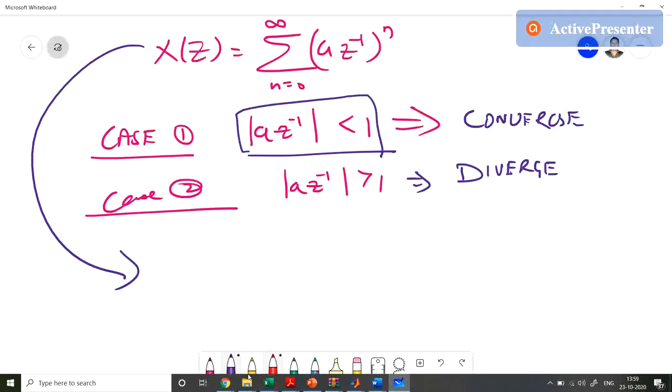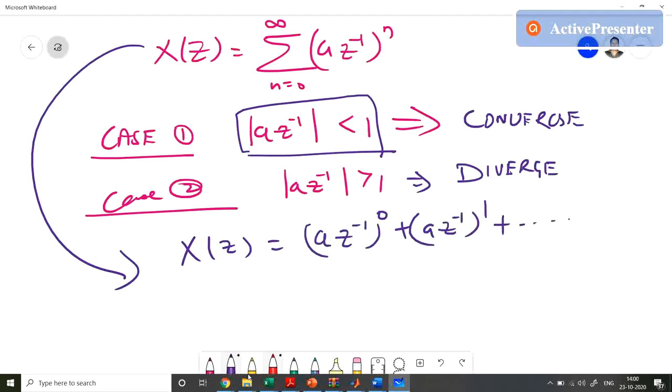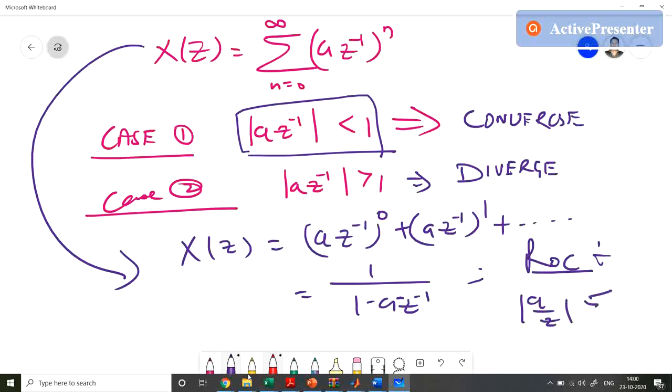So we will consider this case, and the z transform is (a z inverse) raised to the power 0 plus (a z inverse) raised to the power 1 plus and so on, which is an infinite GP. So it is 1 divided by 1 minus a z inverse. And what is the ROC? If we write it in this form, mod a divided by z less than 1, then mod a is less than mod z.